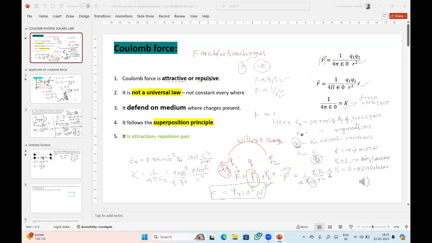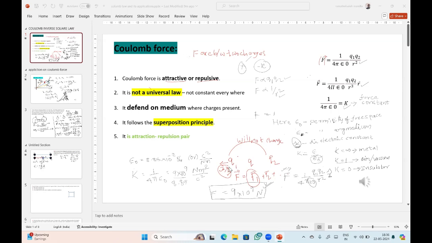One charge in air has some field. If the same charge is placed in another medium, how many field lines travel through that medium gives the ratio K value. K is equal to infinity for metal, meaning more field lines travel compared to air. K is equal to 1 for air, because it is the ratio of air and air. K is equal to 0 for an insulator, where no field lines will be there. That is the comparison.